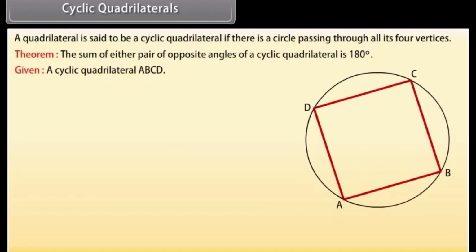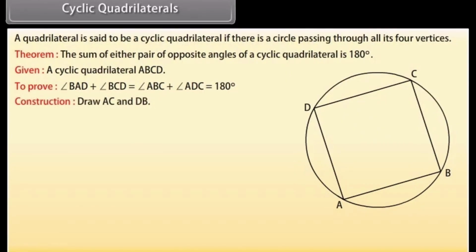Given a cyclic quadrilateral ABCD. To prove: angle BAD is equal to angle BCD, which is equal to angle ABC plus angle ADC, which equals 180 degrees. Construction: draw AC and DB.